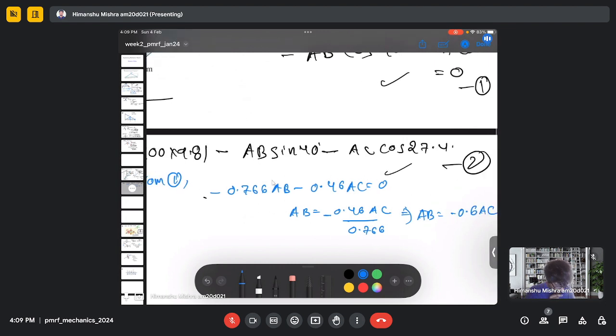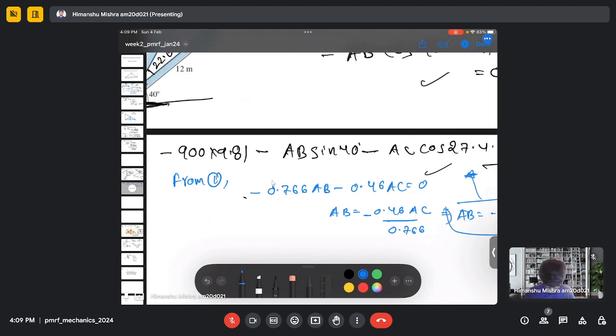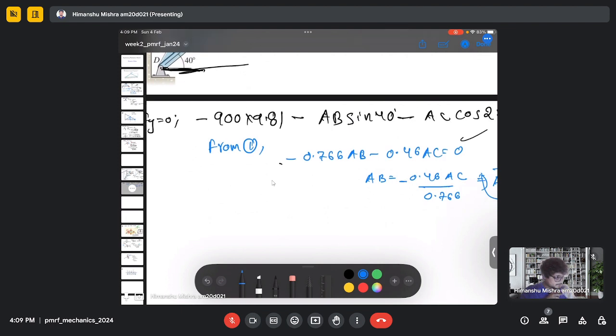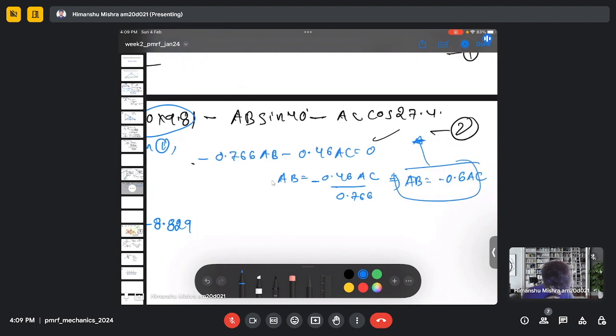Now I can substitute this expression in equation 2. So here I have minus 8.829 kilonewton. I am writing in kilonewton. So I can write AB in terms of AC here.